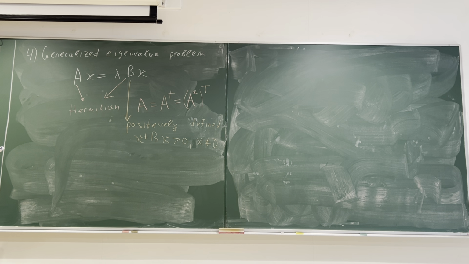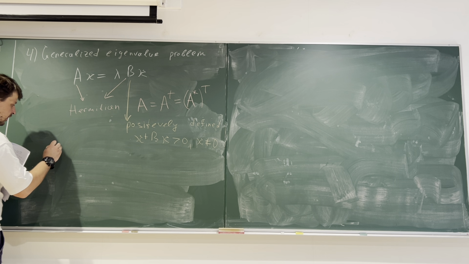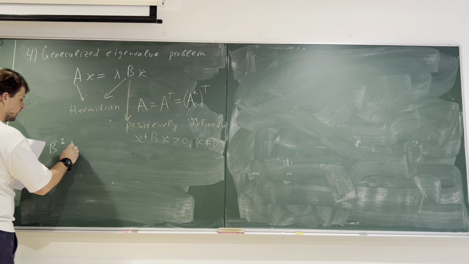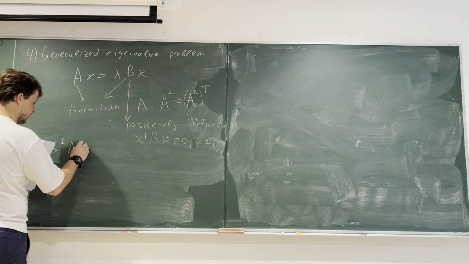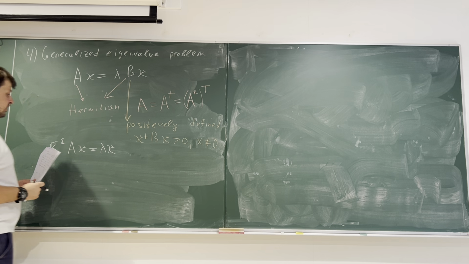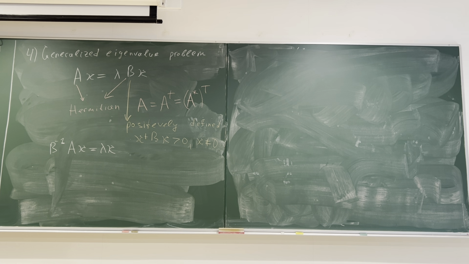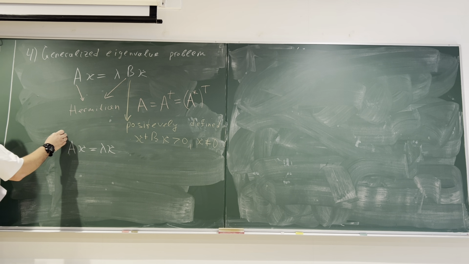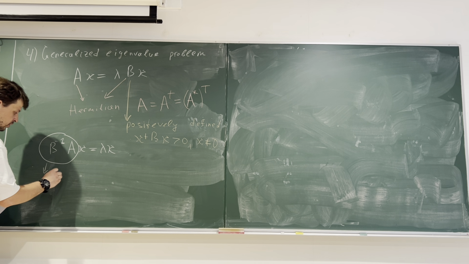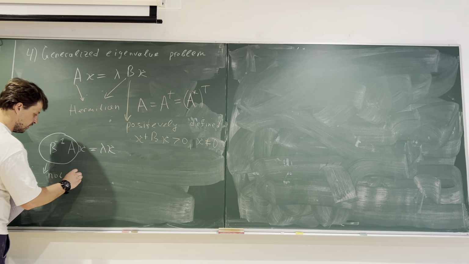So, a naive approach would have been to multiply with the inverse of B on both sides and get something like this. This is of course a normal eigenvalue problem, but this thing is not Hermitian.